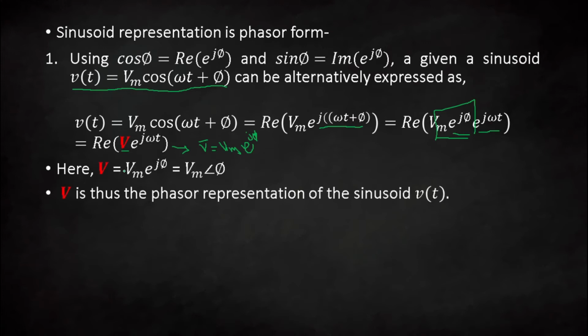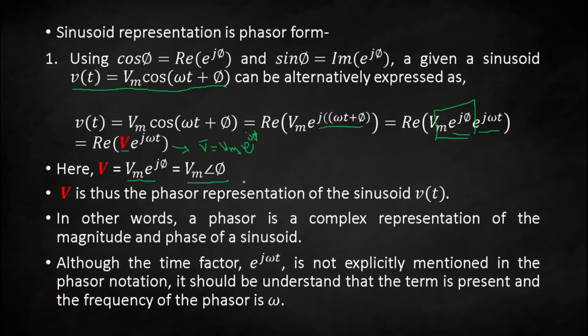So V bar, or capital V, is Vm e raised to j phi in exponential form, and in polar form we write magnitude Vm and phase angle phi. V is thus the phasor representation of the sinusoid v of t, Vm cos(omega t plus phi). You can easily find the phasor form of any sinusoidal representation using this method.